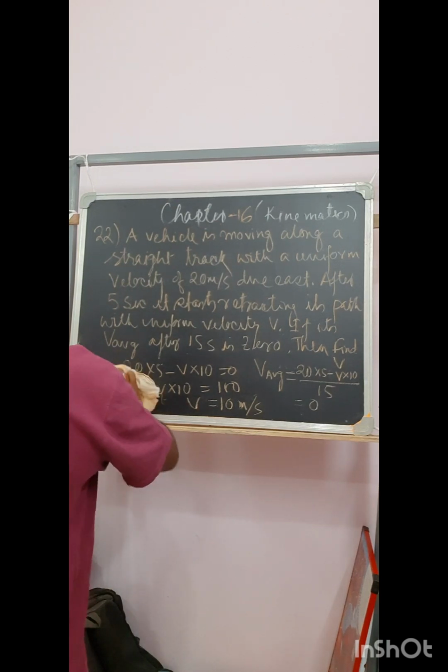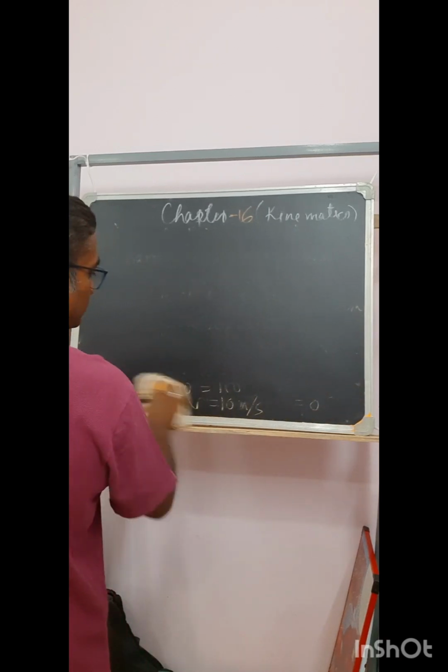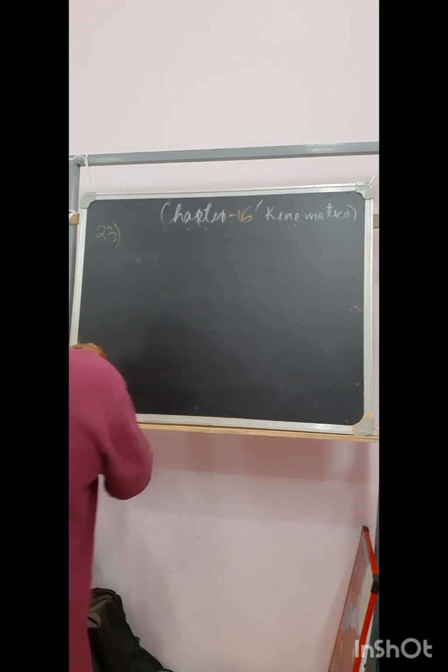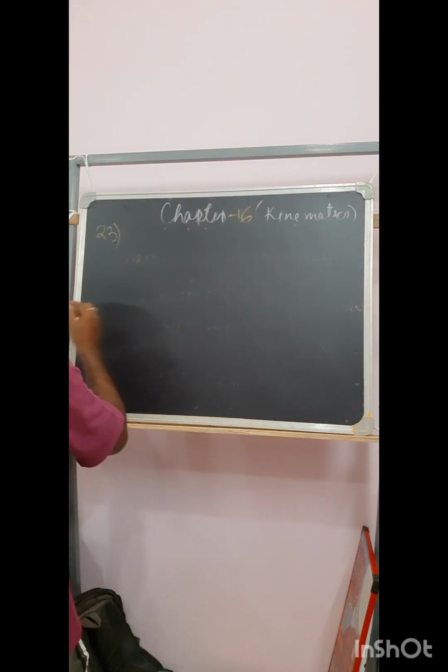Okay, so moving to the next problem, and probably the last problem for this chapter. Then after I will move to a different kind of problem, on the acceleration itself.